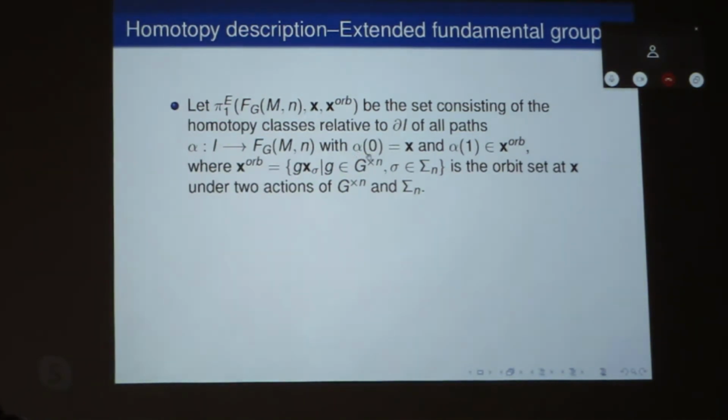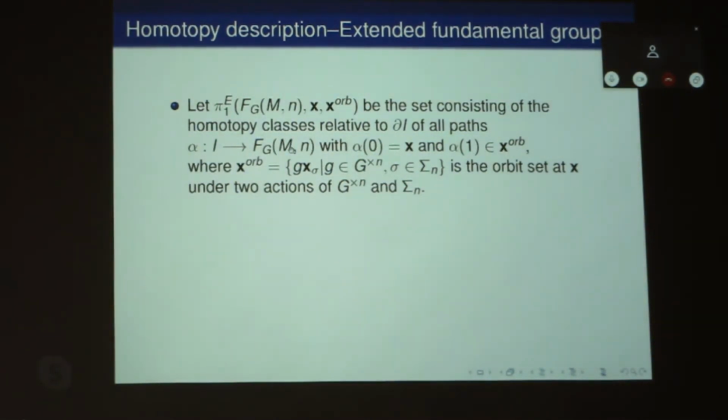The starting point is just this base point. The endpoints belong to this set. This set is just the orbit of this base point under the G action. We get this set.